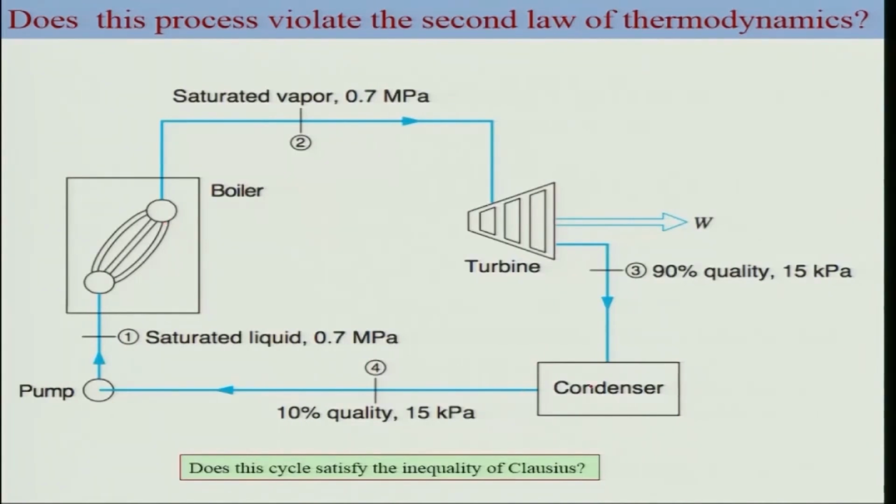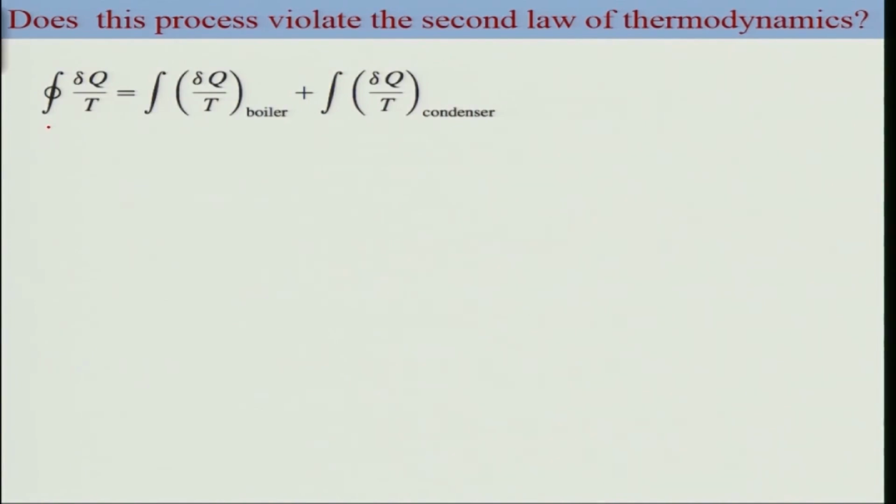Here you have two particular devices which either take heat or reject heat, so that is going to be your boiler and condenser. So overall your del Q by del T for this cycle can be simply the sum of your del Q by del T for the boiler and that for the condenser. So without going and solving numerically all aspects of it, let me just go through a bit of how to solve this problem.